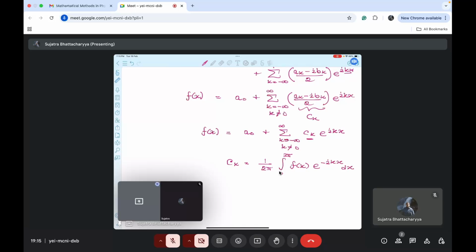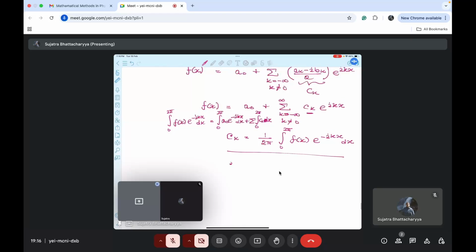See, if you do it on both sides, it will be integral 0 to 2 pi f(x) e to the power minus ikx dx is equal to integral 0 to 2 pi a naught e to the power minus ikx dx plus summation. Does not matter, this will be 1 dx from 0 to 2 pi, and that's why this is okay.